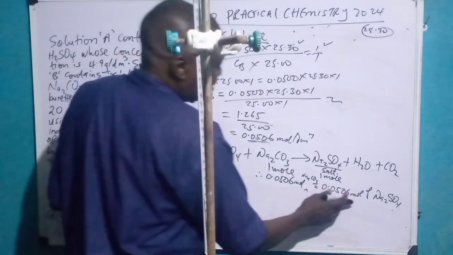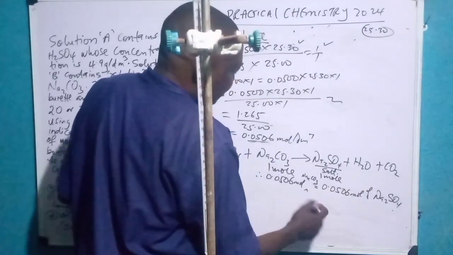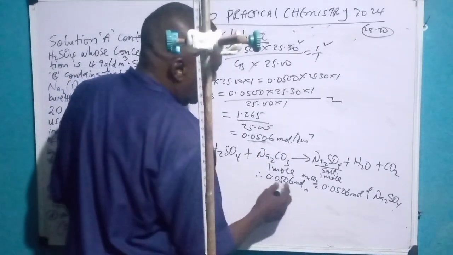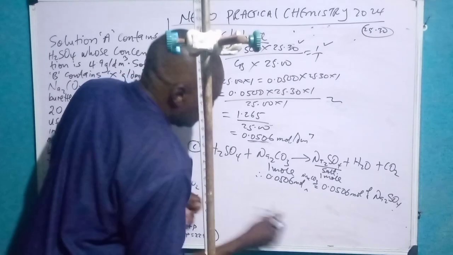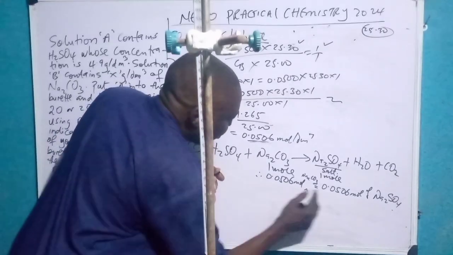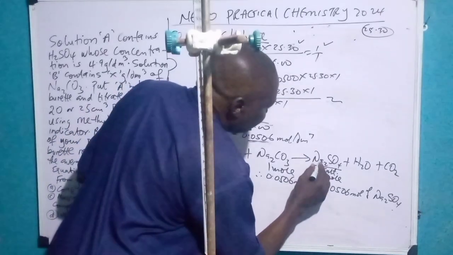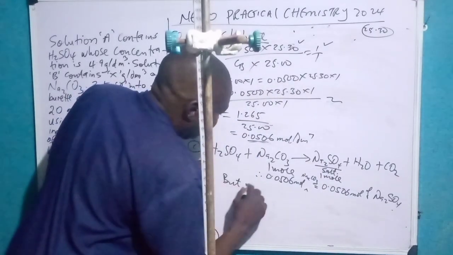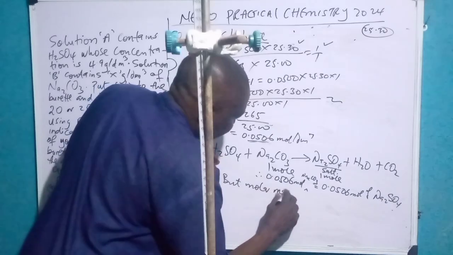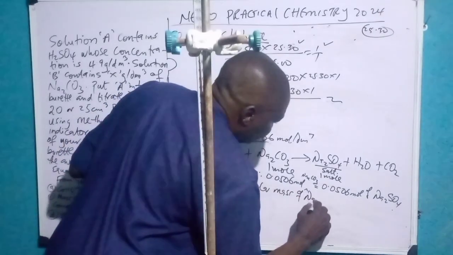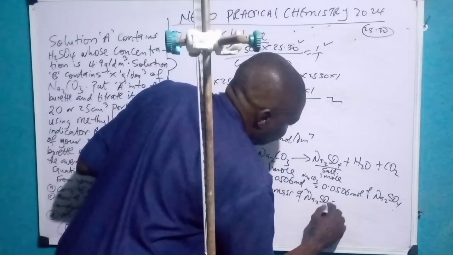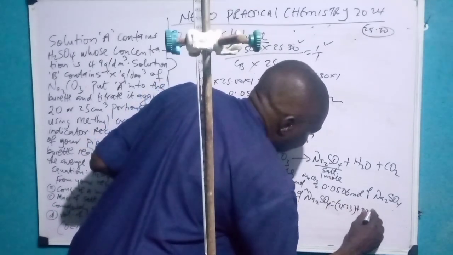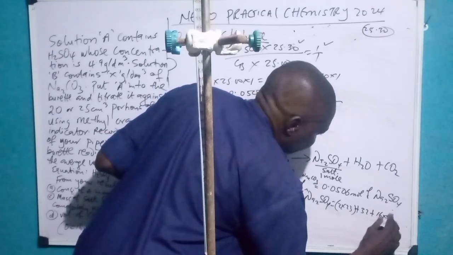After having it like this, remember what we have here is mole per dm cube. So 0.0506 mole equals this. We now say the molar mass of this is what? Sodium is 23, but the molar mass of Na2SO4 is 2 times 23 plus 32 plus 16 times 4.